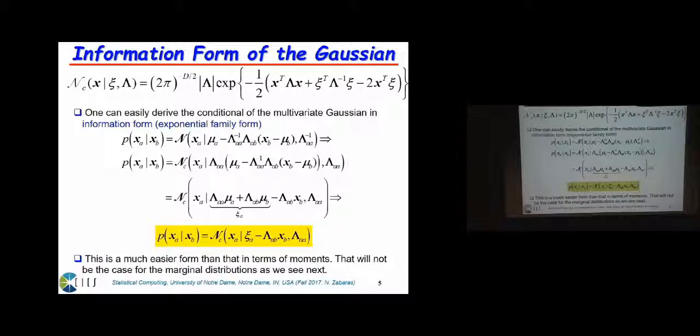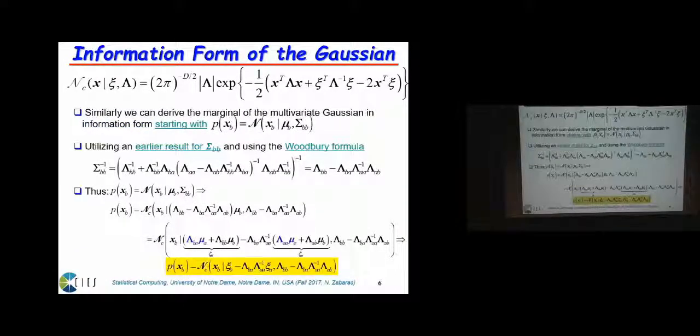Only one thing that you should pay attention to here: the partition of xi in xa and xb follows exactly the same format as the partition of mu A and mu B. So the conditional looks in a very nice form, much easier than using the moment parameterization.